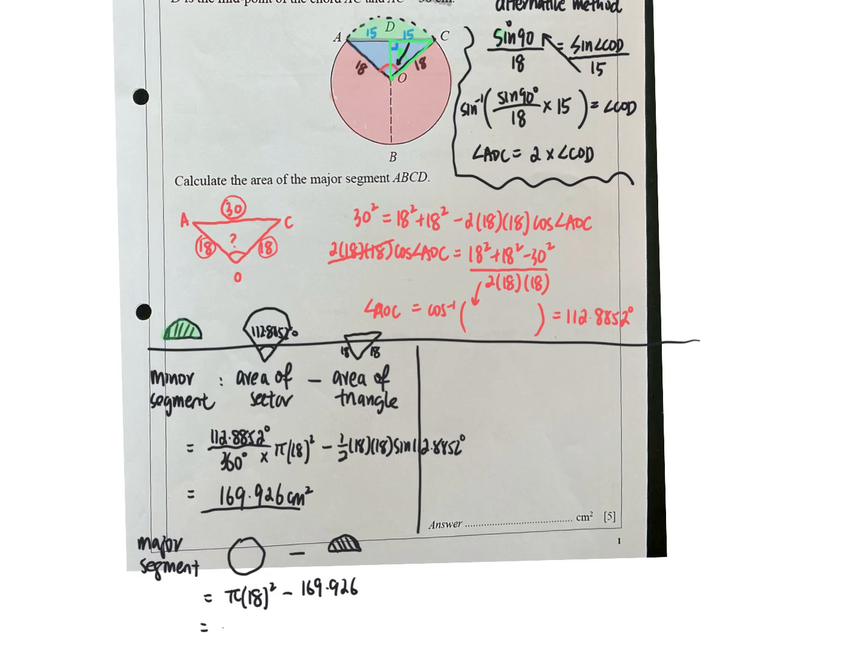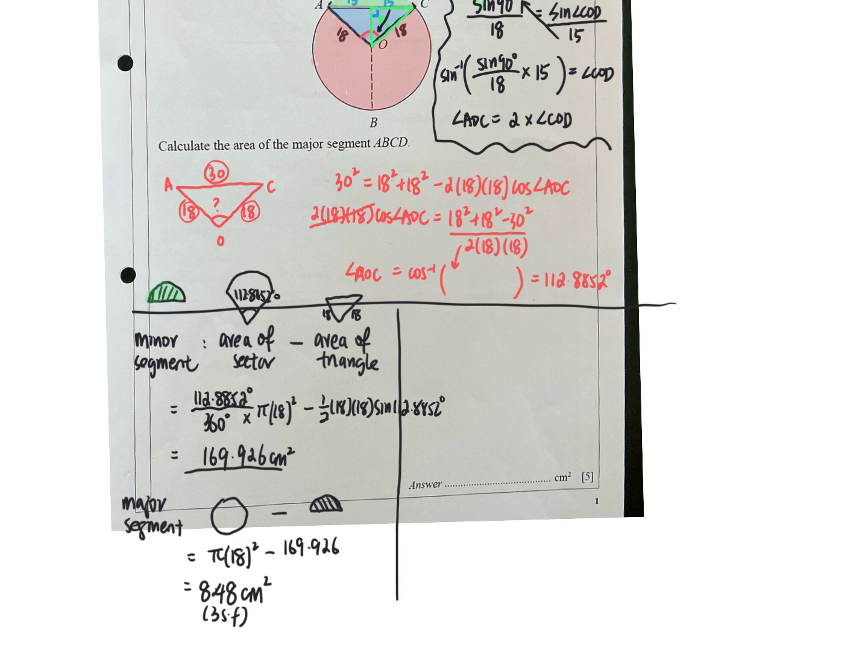If I'm not wrong, you will end up with 8 something. 847 point something. So 848 if it's 3SF. If you have more than 3SF, 847 point something, I will also mark correct, because you are more accurate than my answer. So this is one way.